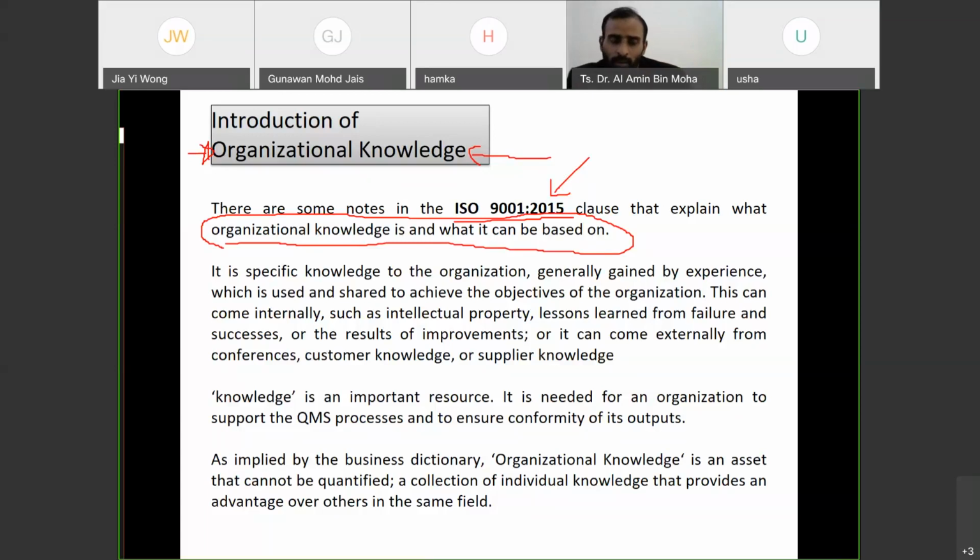Okay, you know ISO, right? The people who audit your company to have an international standard for your organization. They have a lot of things that you need to comply with. There is nothing about organizational knowledge, but in 2015, they added a clause on organizational knowledge.